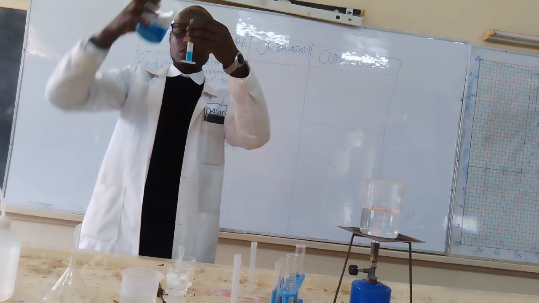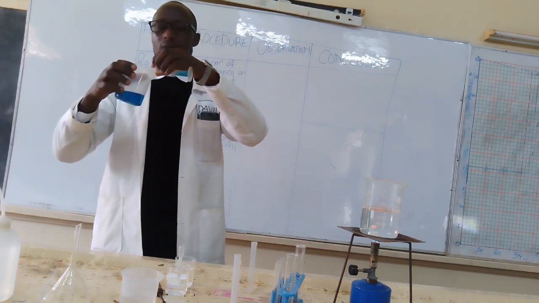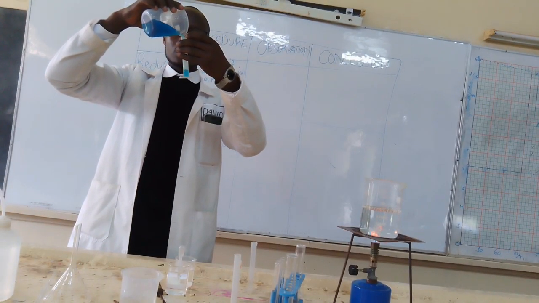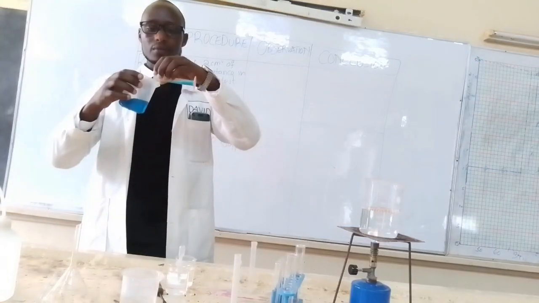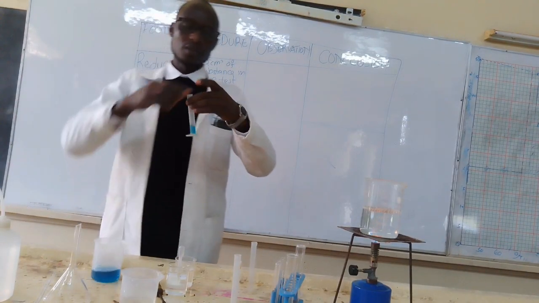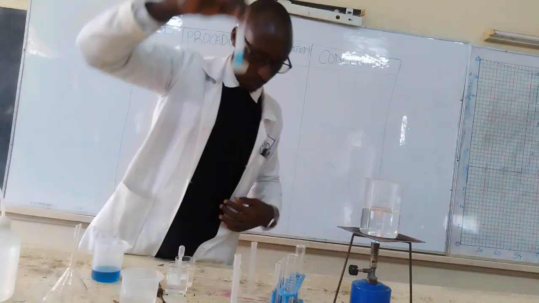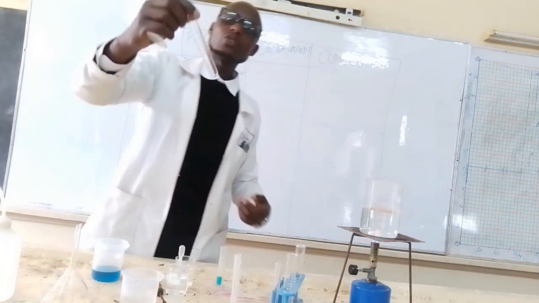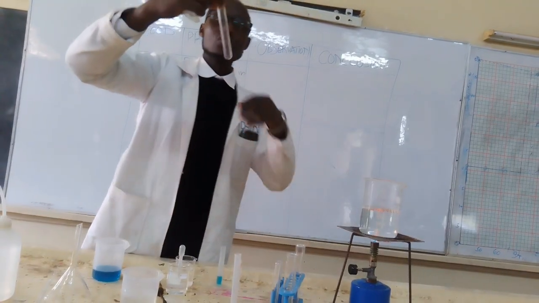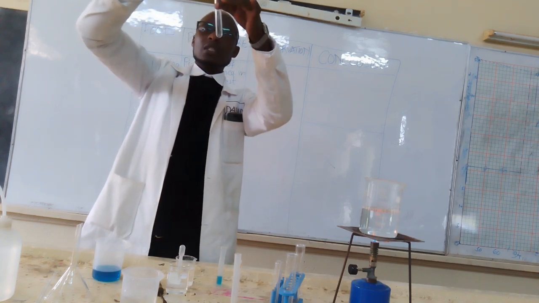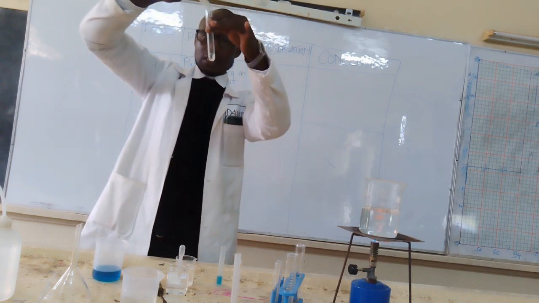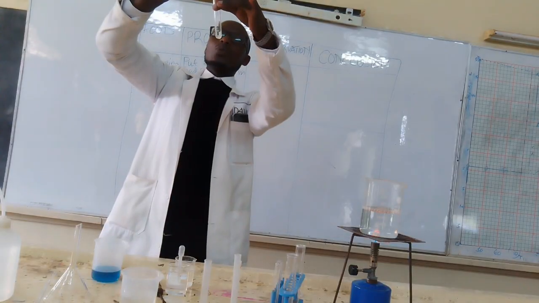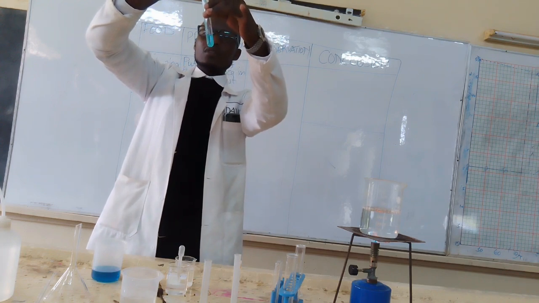Now, into a clean test tube. This is my test tube, and my test tube is very clean. Into a clean test tube, I put the 2 cubic centimeters of the food substance, and then I add 2 cubic centimeters of Benedict solution.